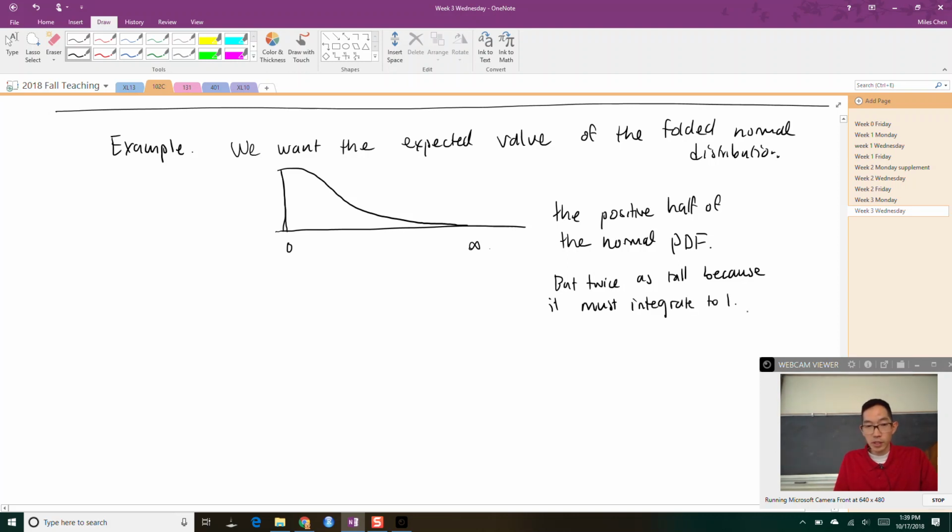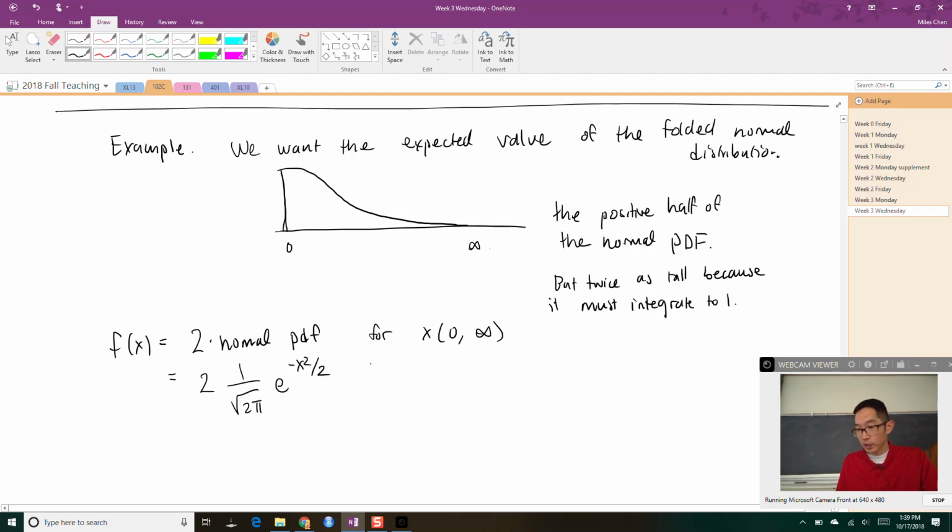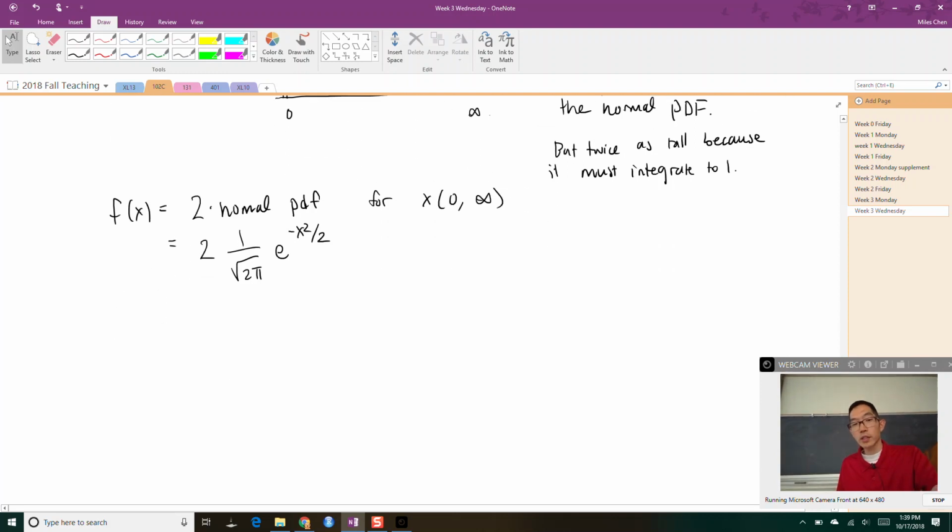So f of x is equal to 2 times the normal PDF for x on the interval 0 to infinity. So we have 2 times 1 over root 2 pi e to the negative x squared over 2. And we will pretend that it is hard for us to generate values from f of x directly.